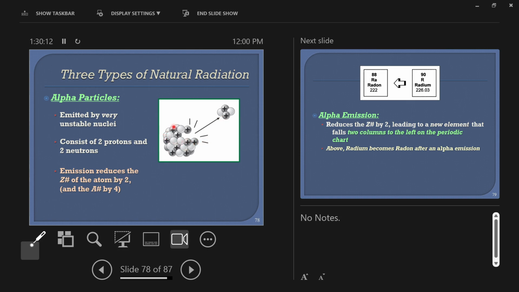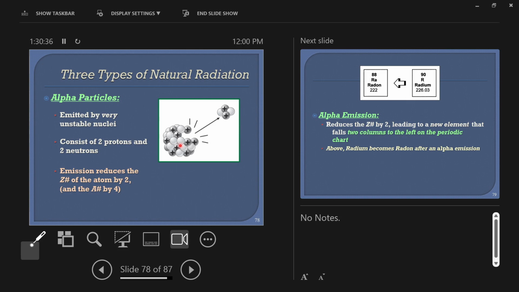What has this nucleus lost? Protons and neutrons. How has its atomic number changed? It lost, well, think of atomic number first. You're right, but think of atomic number first. It lost protons.